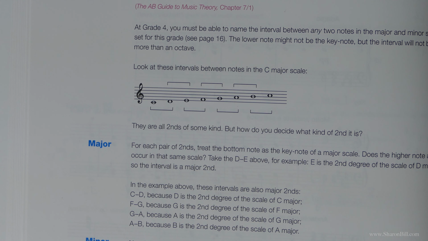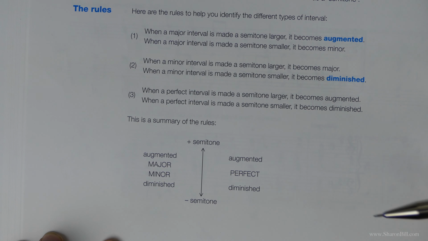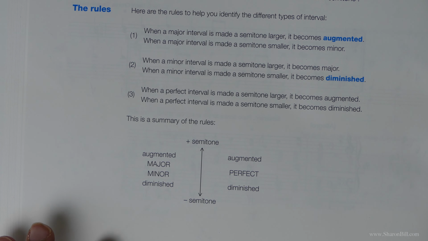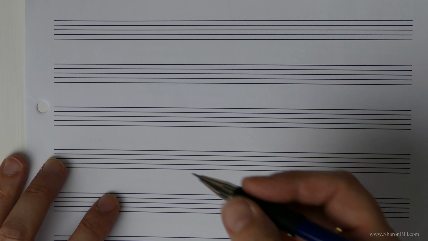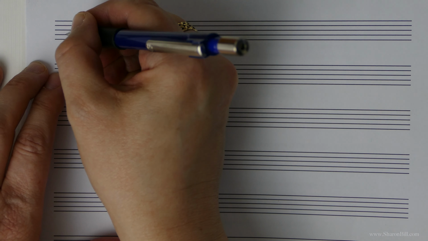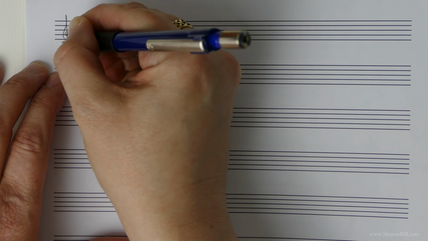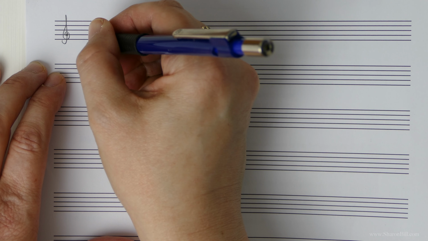I think we can perhaps best explain these augmented and diminished intervals if I just grab a sheet of manuscript paper, and we'll have a little look at this in close detail before we crack on with the exercises. Let's think in treble clef, and we'll think in the key of C major as our starting note.